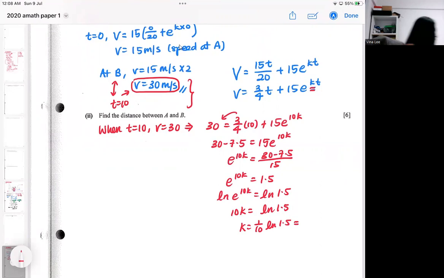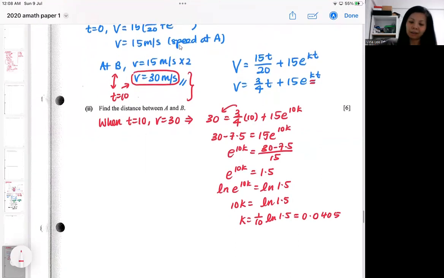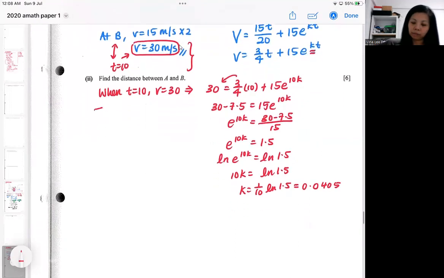Let me get the calculator. You can leave it in this format for accuracy, or if you prefer, you can just punch it out on your calculator. Then it will be 0.0405. If you can, try to use a bit more decimal places. Okay, so that is the k that you have gotten.